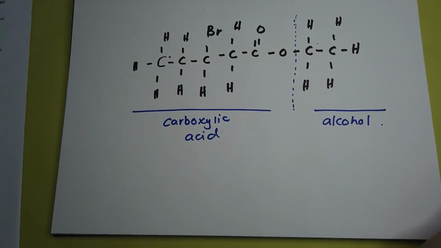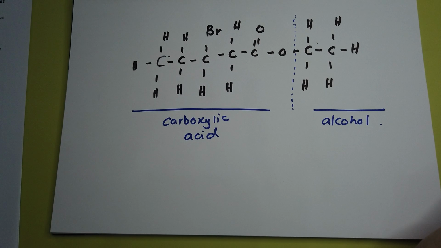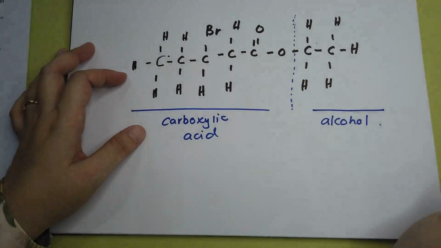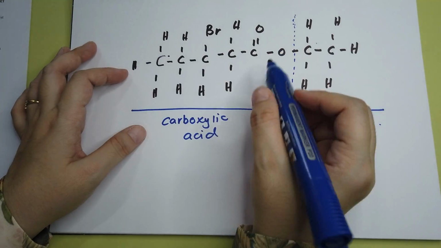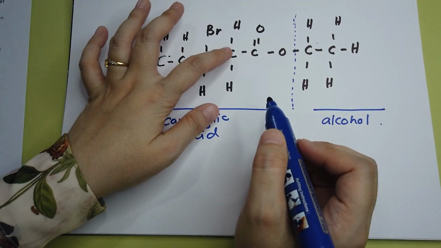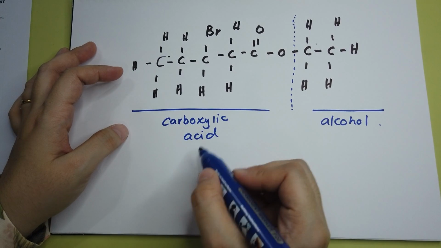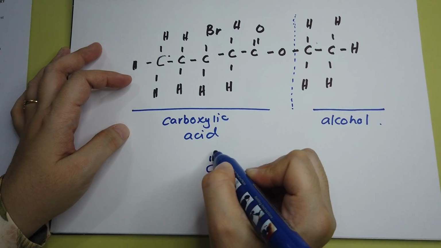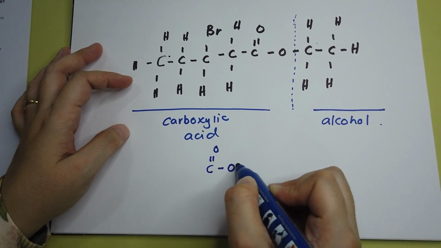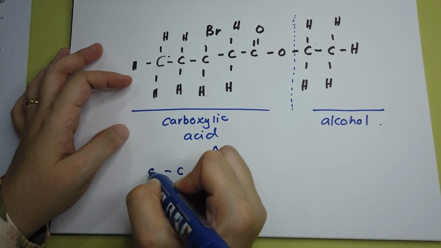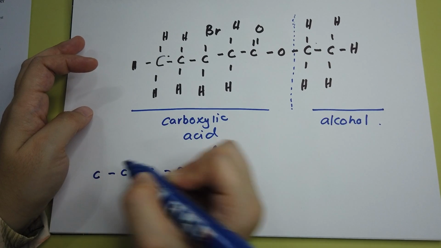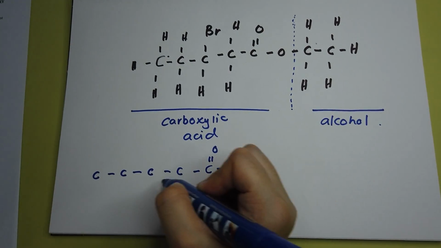In the question, you were given the carboxylic acid, right? The carboxylic acid is 3-bromopentanoic acid. So let's check: 1, 2, 3, 4, 5, and here should be OH. 3-bromo, 1, 2, 3.